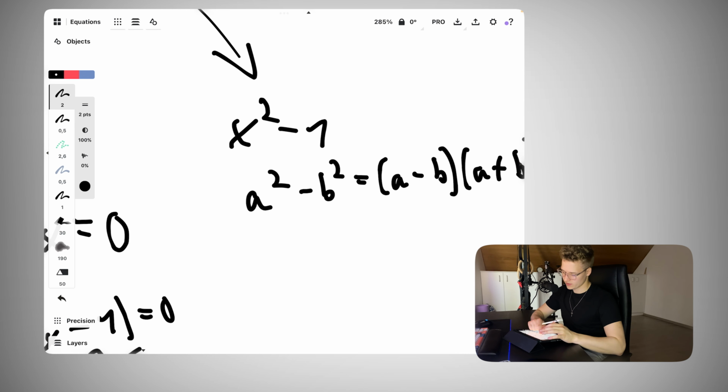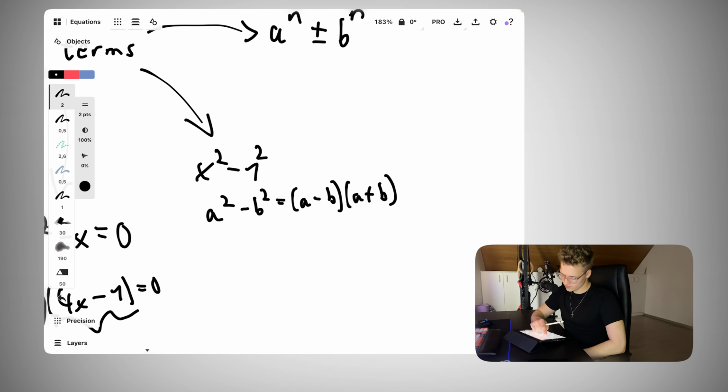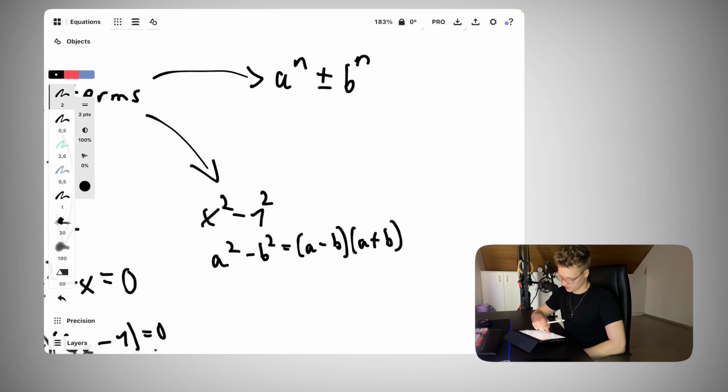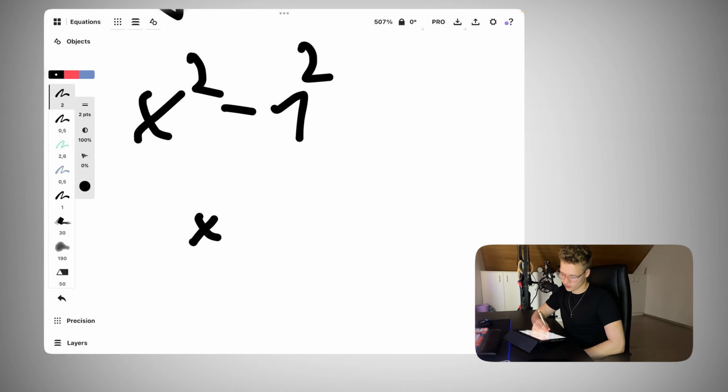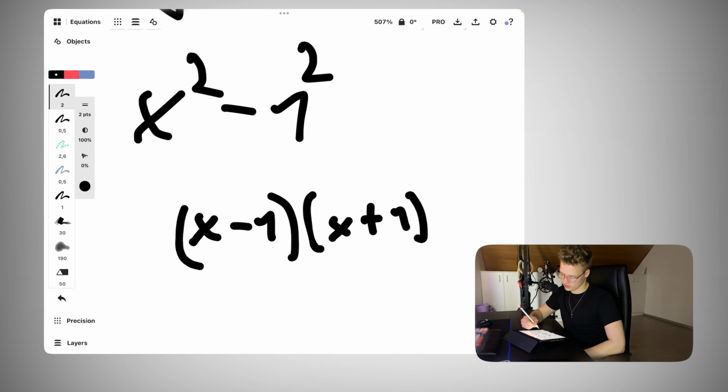So here we have the classic example. x is our a, and it's raised to the power of 2. And then 1, well, that's also to the power of 2. So we can expand it or change it into this form, like this: x minus 1 times x plus 1 equals 0.